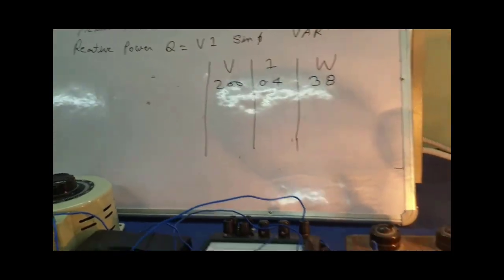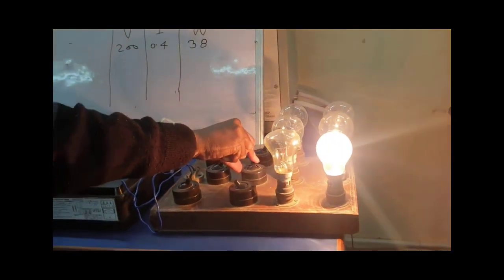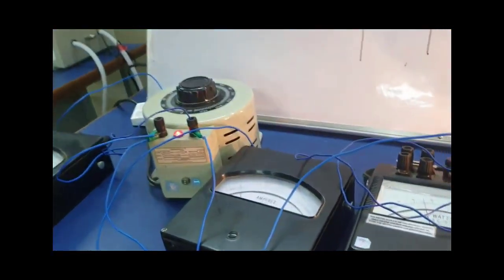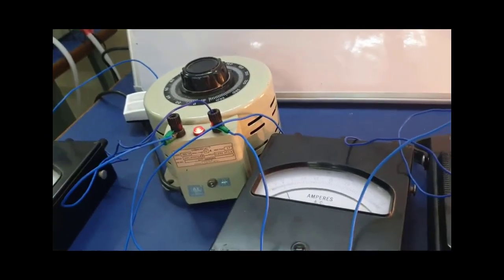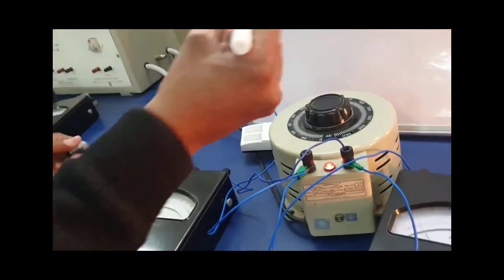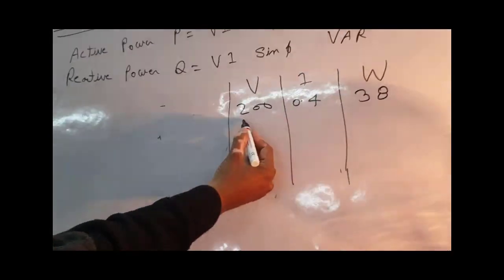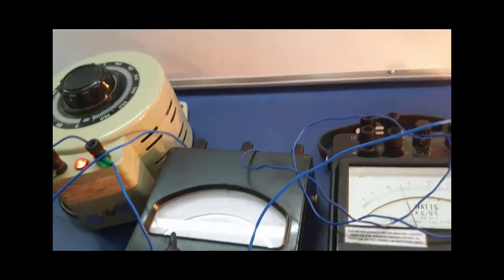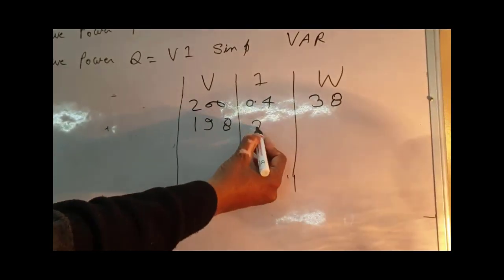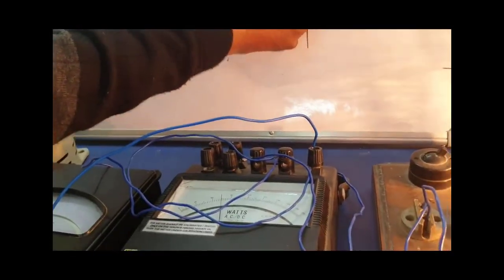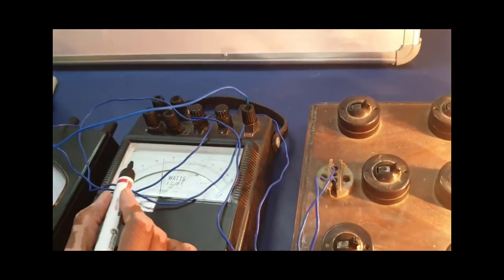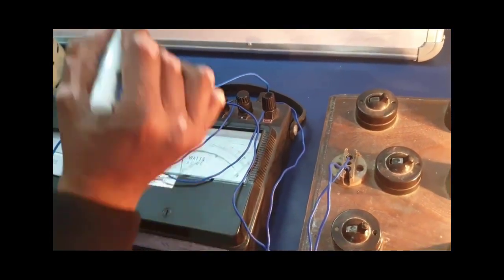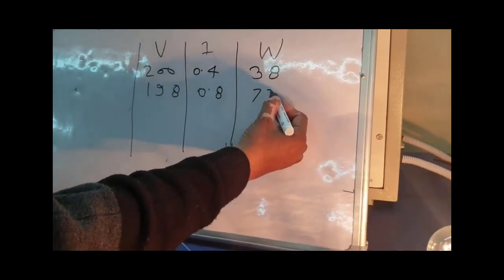Similarly, for taking the second reading, switch on the second bulb and take the other observations. There is a slight change in the voltage due to the voltage drop, it is 198, and the current reading is 0.8, and the wattmeter observation is 72.